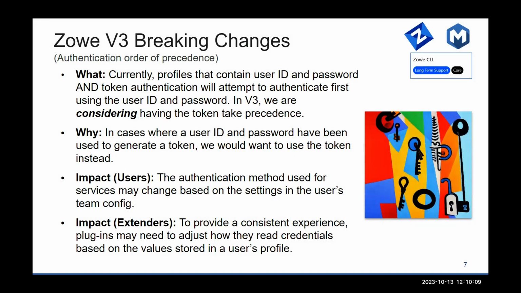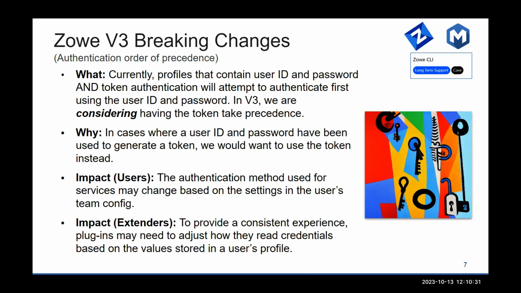And the next one is one that is under consideration. We don't have a definite plan here, but just to give you an idea of what we're considering, this applies to the order that authentication methods are used if a user has multiple authentication methods specified in their team config.